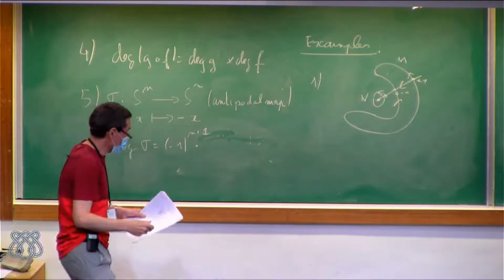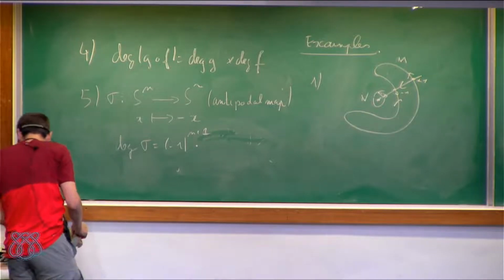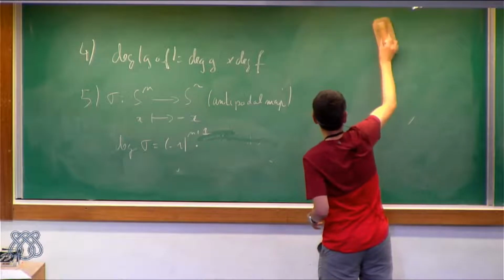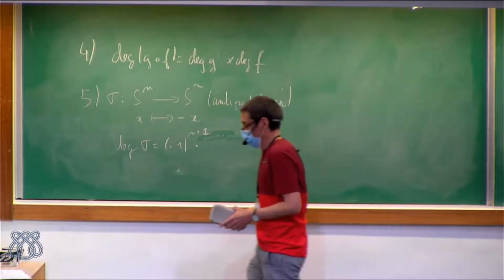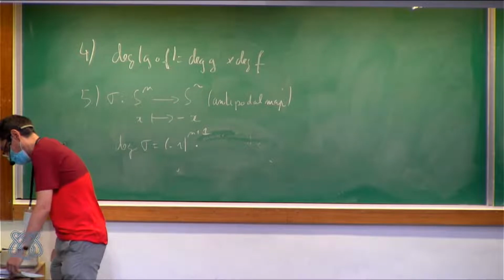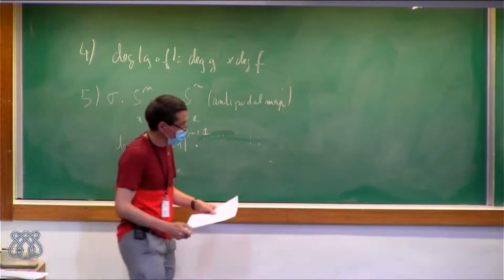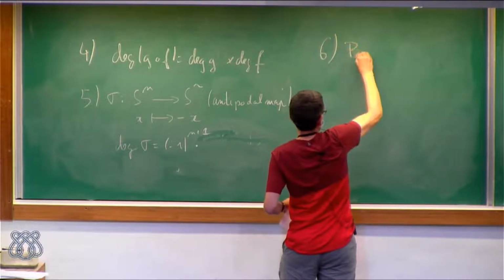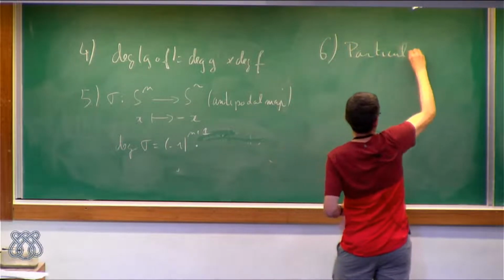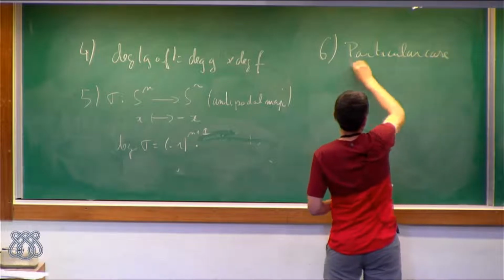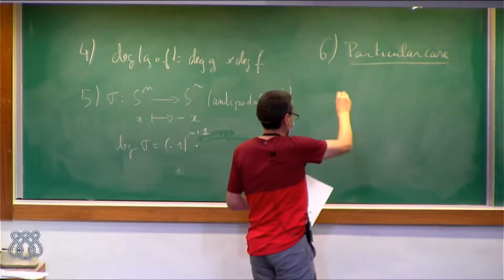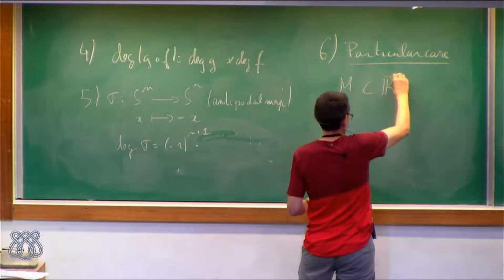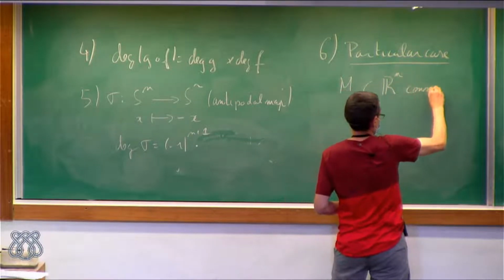Okay. So now I will present a way to compute the degree when we have a hypersurface in Rn. So this is a particular case. So imagine you have M, smooth, oriented, compact, connected. So connected is important.